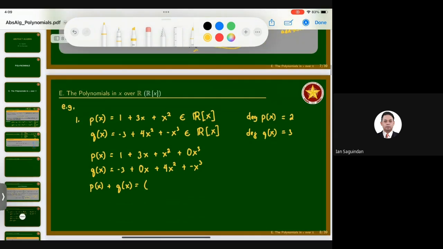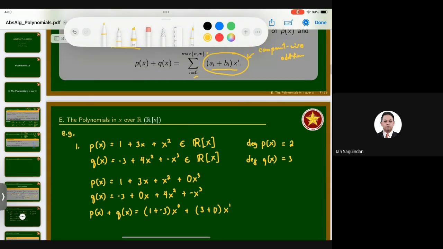So we have 1 plus negative 3, technically multiplied with x to the 0, plus, second term, 3 plus 0 multiplied with x to the first, plus 1 plus 4 multiplied with x squared, and then plus 0 plus negative 1 multiplied with x cubed.